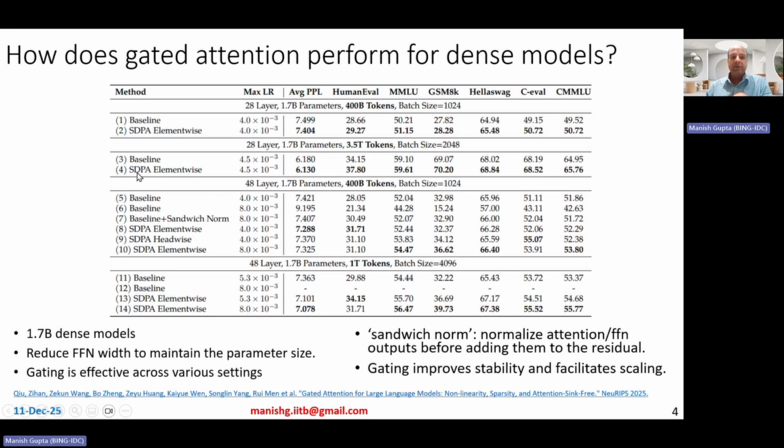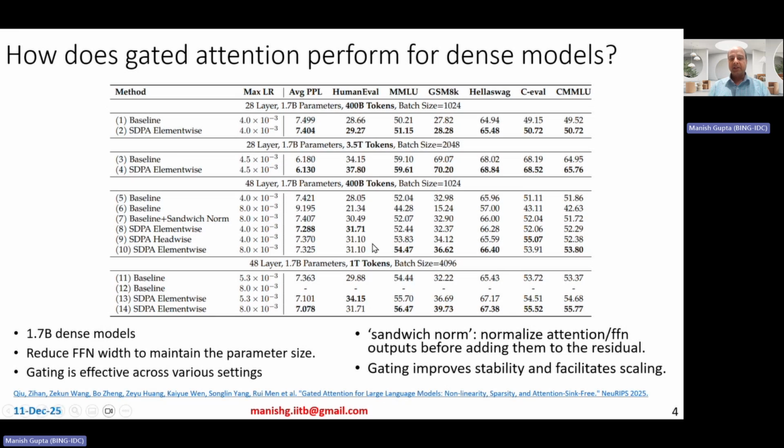Similarly, where pre-training is done for many more tokens, the baseline also improves, but the gated attention-based LLM comes up with even better performance. The interesting part is that you could try to make training more stable with a slightly higher learning rate using other methods like the sandwich norm method, where you do normalization between the attention and the residual addition rather than after the residual addition.